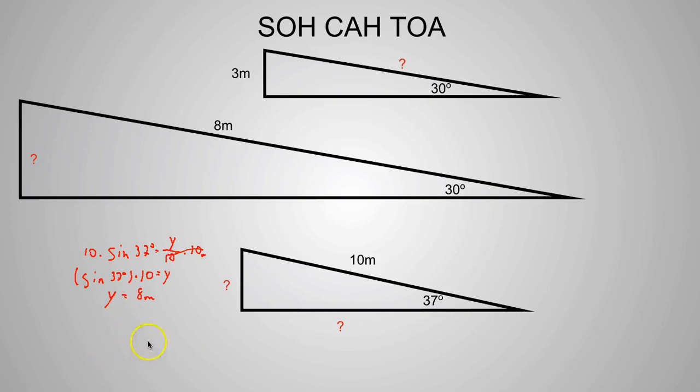Now in the x direction, because it's adjacent, I'm going to have to use cosine. So that equation would be cosine of 37 degrees equals x, because it's an x component, over 10, and you can see that we're going to have to multiply by 10 again to get rid of it.